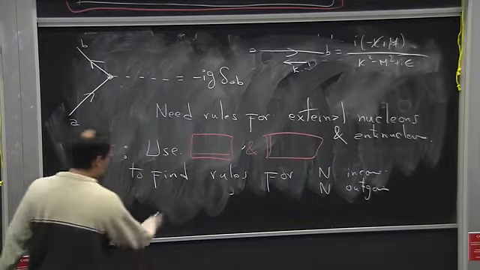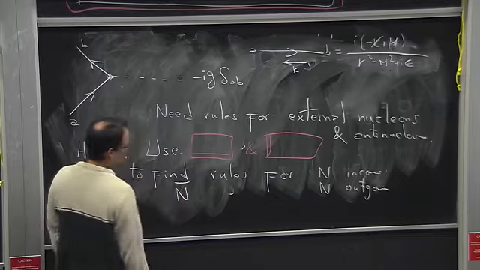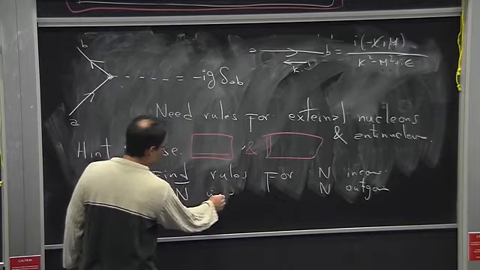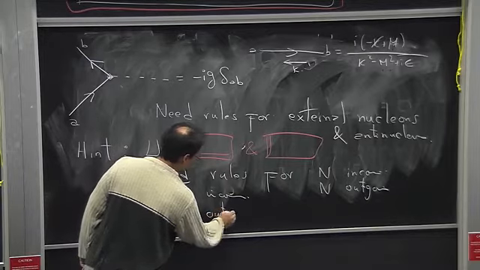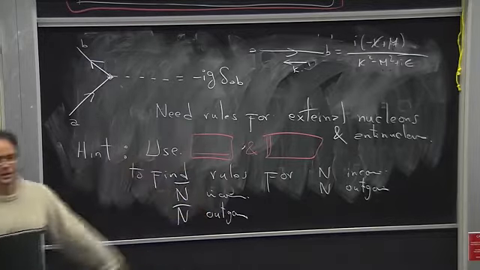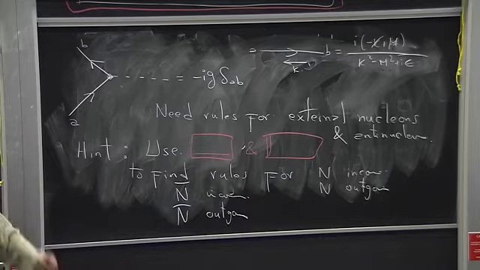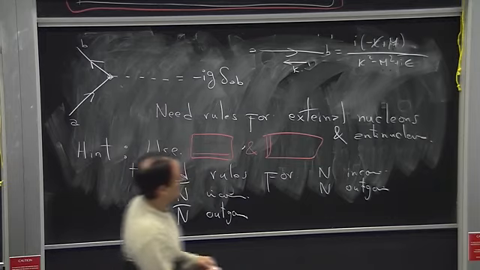Now we can call it N, because it's really a nucleon. And an incoming antinucleon, and an outgoing antinucleon. In all those cases, you will find different things that you have to use. So that's what I want you to do before the lecture tomorrow. Let's stop here.